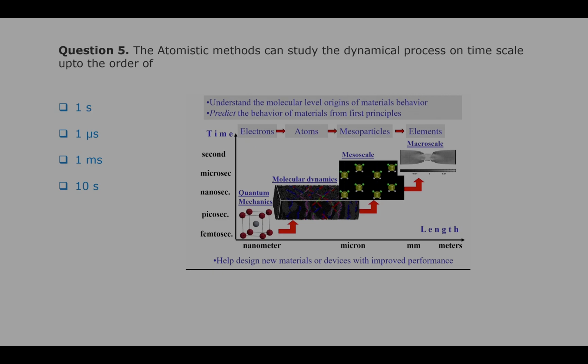Now question number 5. The atomistic method can study the dynamic process on time scale up to the order of. As you can see in this picture, the professor had already taught, we can also predict this. I'll just divide it into some parts. Electrons are coming in the nanometer part, below micron and above nanometer.